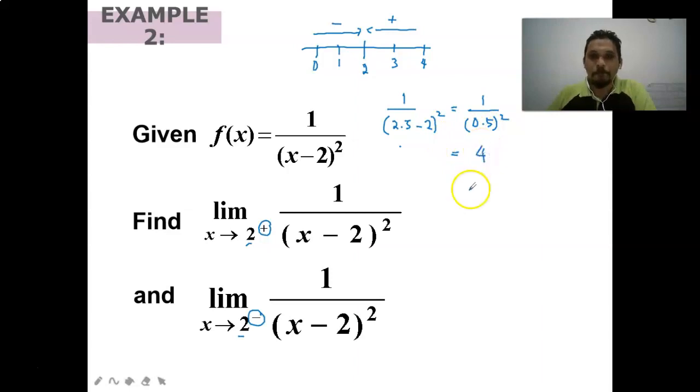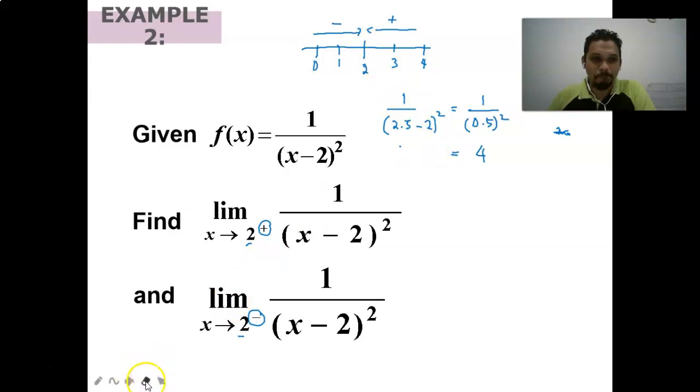So when x equals 2.5, the whole function is equal to 4. Now let's get closer to 2. Let's say 2.01.